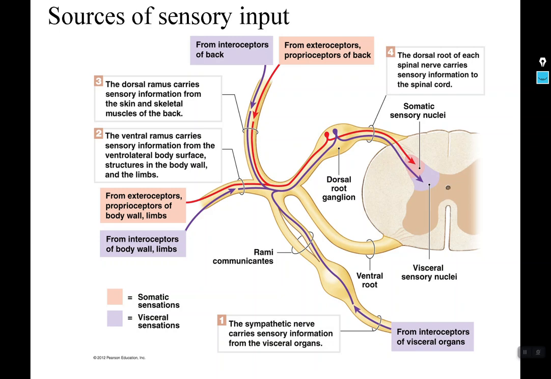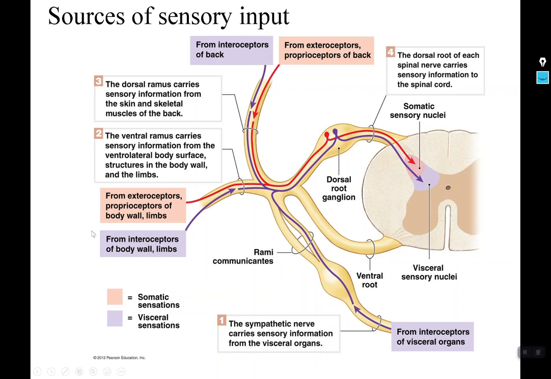So for this area, it's proprioceptors, meaning the Golgi tendon organ and the muscle spindle of the muscles of the back and the skin sensors of the back, which are going to pass through the dorsal root ganglion. That's where the cell bodies live, and they're going to synapse on cell bodies that are in the top of the dorsal gray horn, because that's the location where the cell bodies of somatic sensory neurons live.